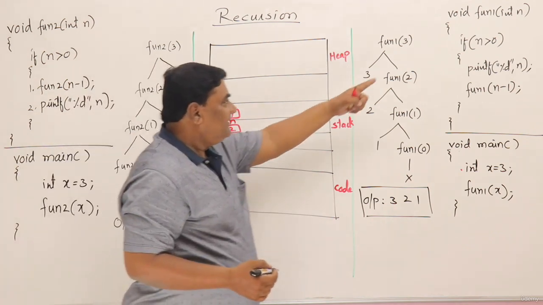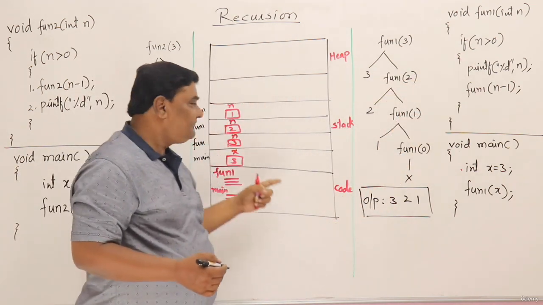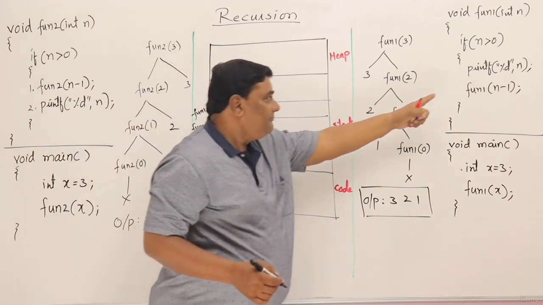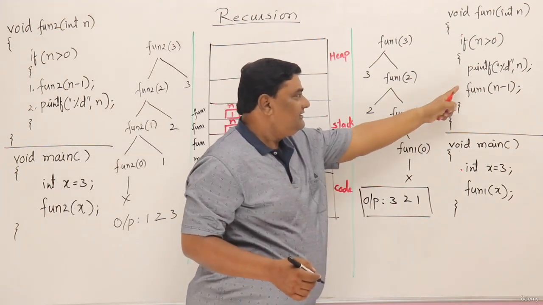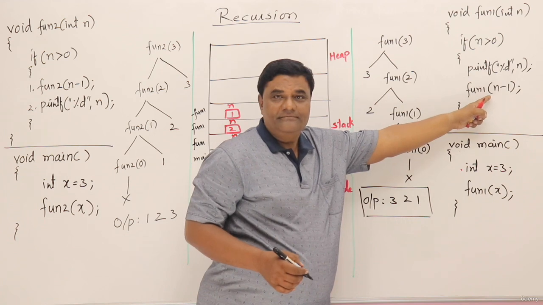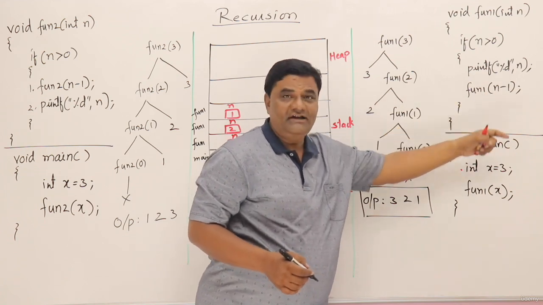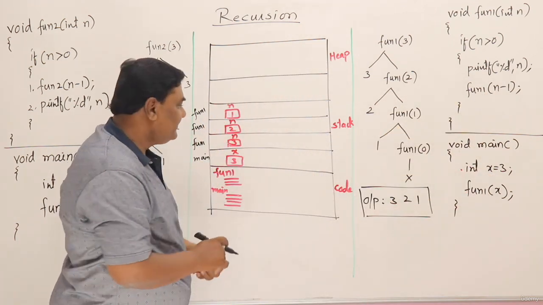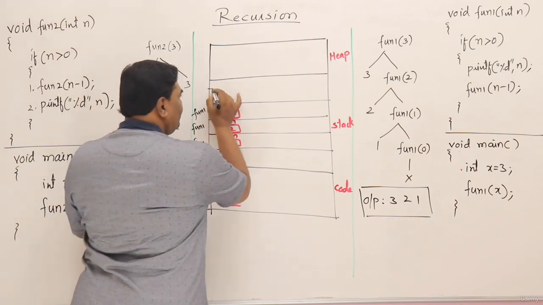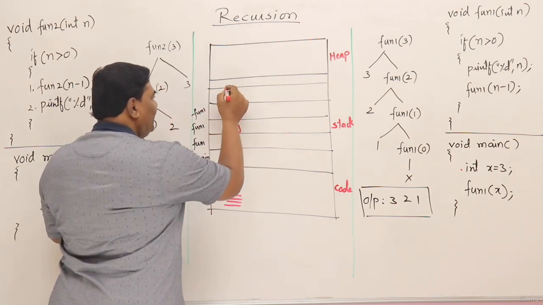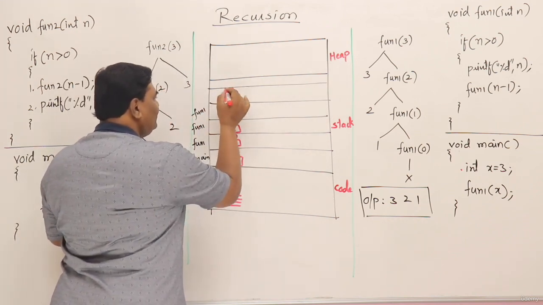Now again, if n is greater than 0, yes, 1 is greater than 0, print 1, 1 is printed. Then again call fun1, with decremented value, n minus 1. So again an activation record for fun1 is created, and it will have the variable n, and that value is 0.